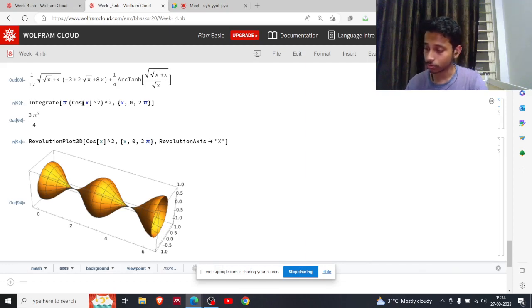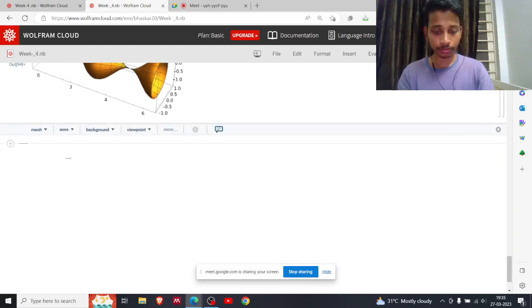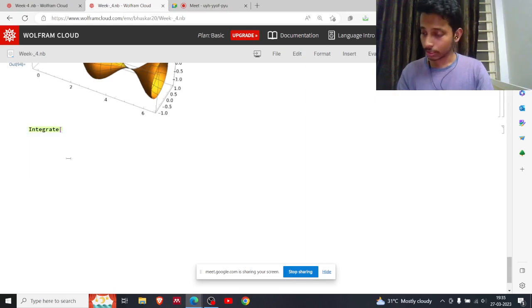Now again we will show another plot. Integrate 2 pi x and so on.